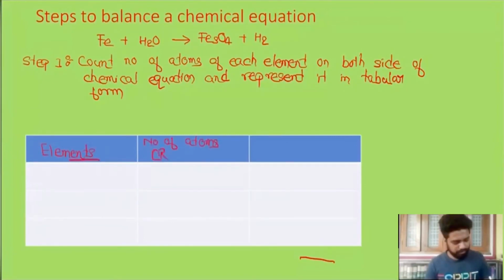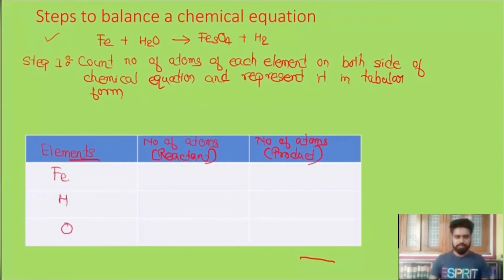So we note down the elements here, the number of atoms on the reactant side and the number of atoms on the product side. What are the elements present in this chemical equation? We have iron, hydrogen, and oxygen. The number of iron atoms on the reactant side is 1, and on the product side is 3.